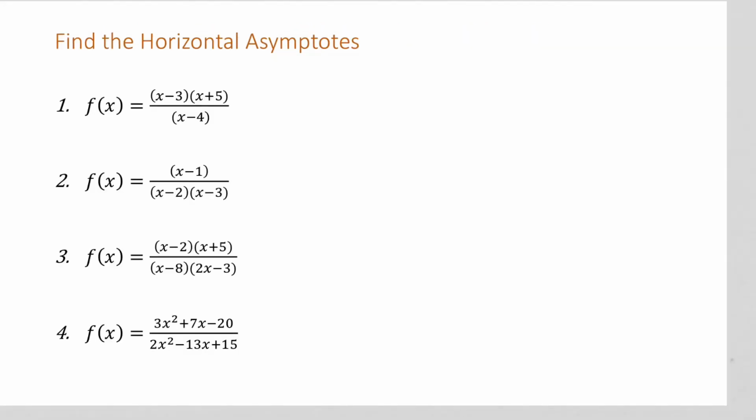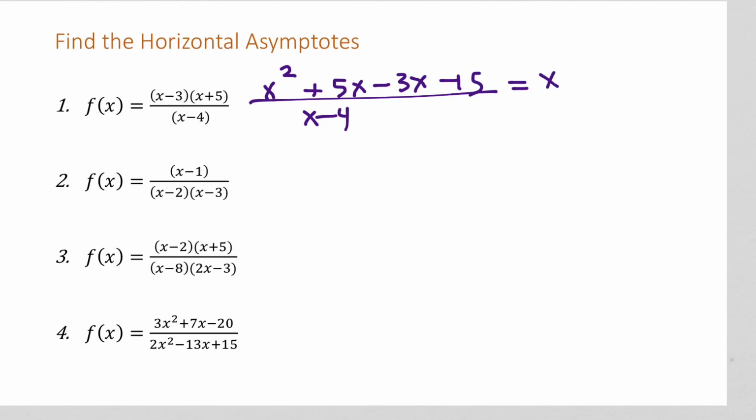All right, we're going to find the horizontal asymptotes. You look at the powers of the numerator and the denominator after multiplying out your factors. So I've got x squared plus 5x minus 3x minus 15 over x minus 4, which is x squared plus 2x minus 15 over x minus 4.